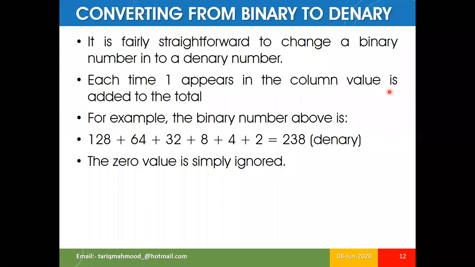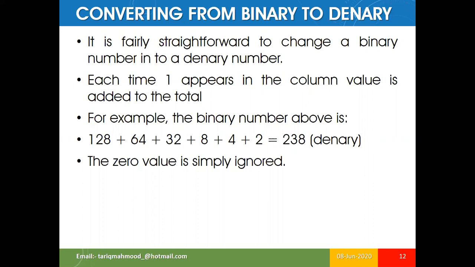Now the problem arises when we are converting numbers from binary to denary, from denary to binary, and from these to any other systems. So we have to know the method of changing from one numbering system to another. Converting from binary to denary is fairly straightforward.